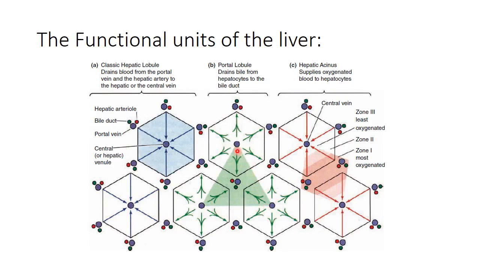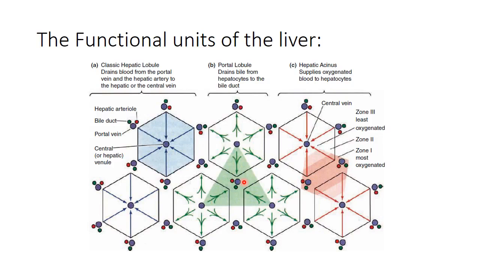The portal lobule is a triangular lobule with the portal tract in the center and 3 central veins at the angles of the triangle. As we know, the bile always flows from the center of the classic hepatic lobule toward the periphery. And in this viewing of the functional units of the liver, we have the bile flowing from the angles of the triangle toward the center.